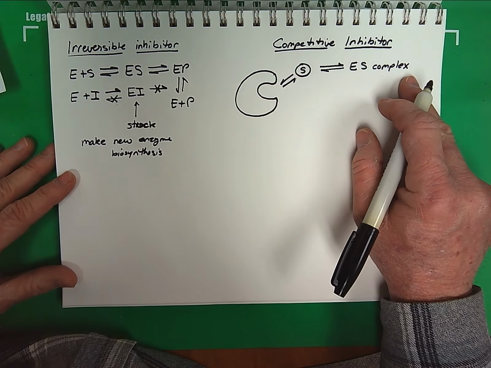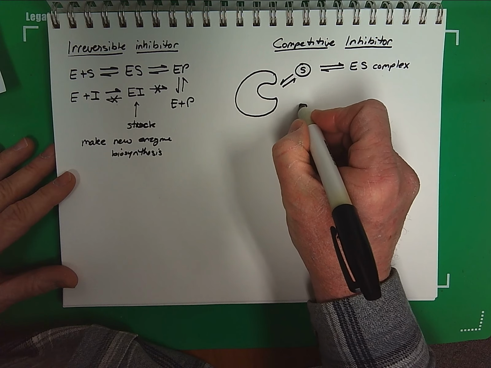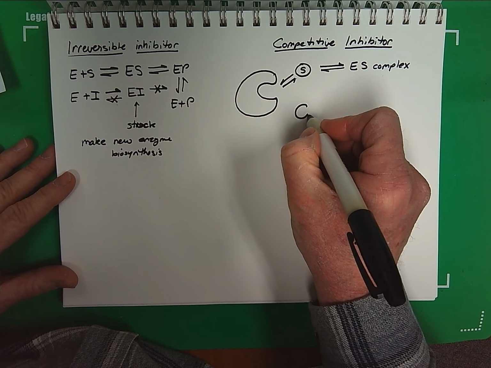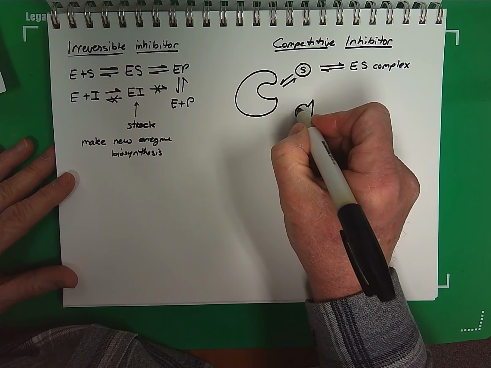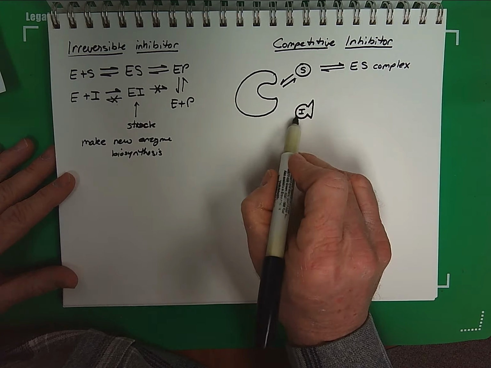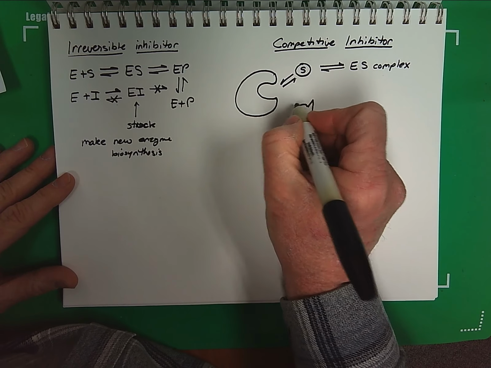What a competitive inhibitor is, is an entity that is going to compete with the substrate, because the shape of the inhibitor is the same as the shape of the substrate.